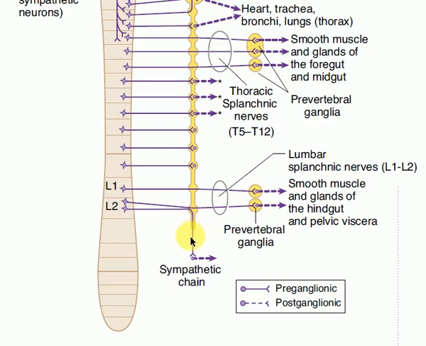There is an L2 ganglion, an L3 ganglion, then an L4 ganglion, L5 ganglion, and S1, S2, S3, S4 and so forth, right up to the sacral level. So this fiber from L2 will enter the L2 ganglion, but it will not synapse there.